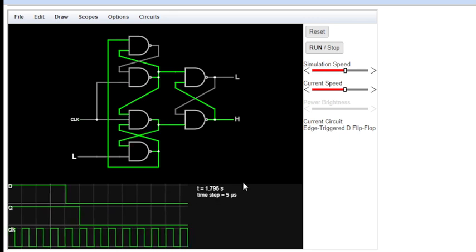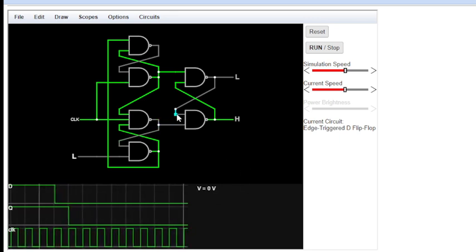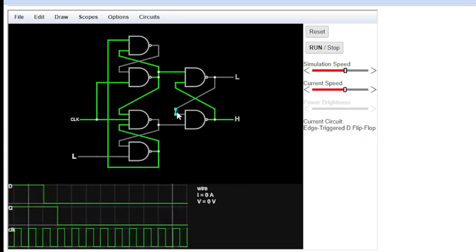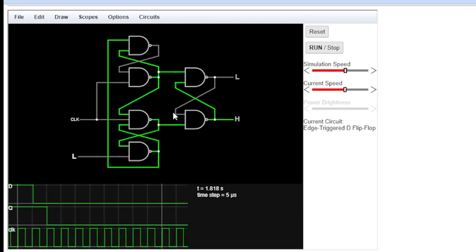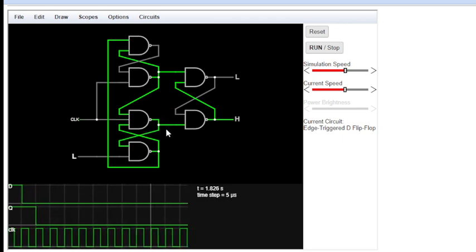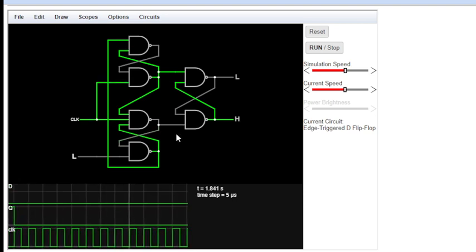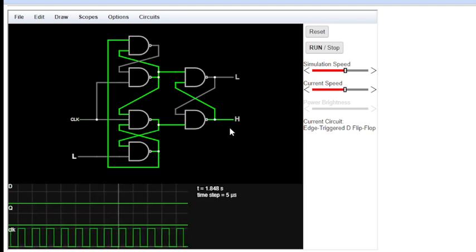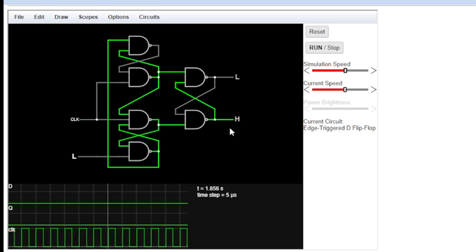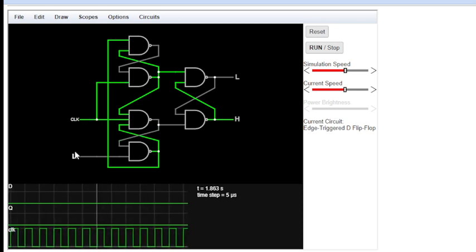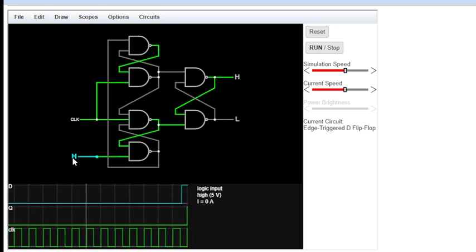Why are both inputs high? Because these inputs have to be made low all the time, and this input will be once high or once low. That's why the NAND gate will always be high at the output.